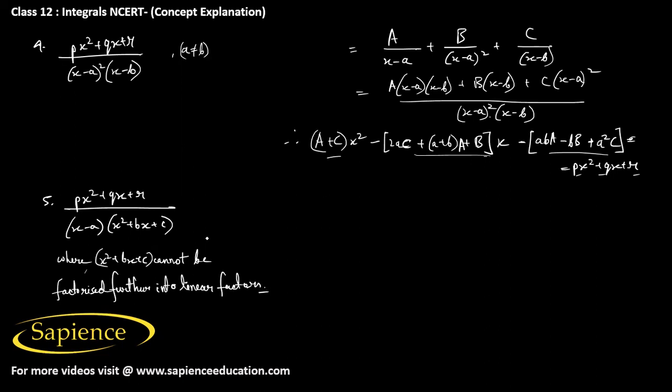Then this can be written as a by x minus a plus (bx plus c) by (x square plus bx plus c).